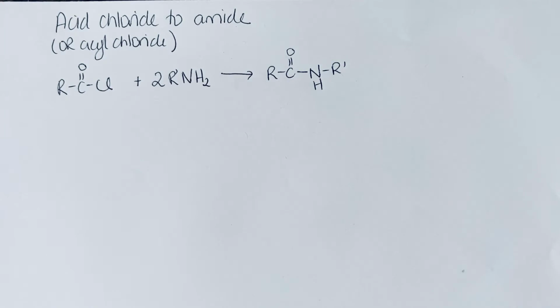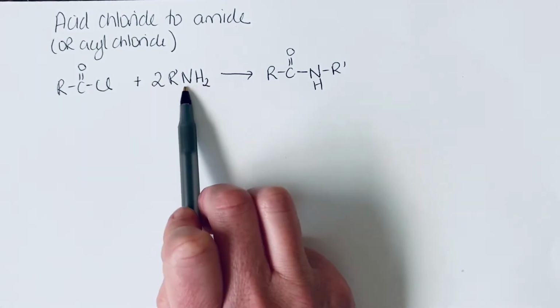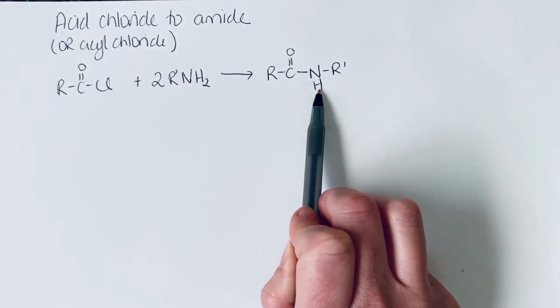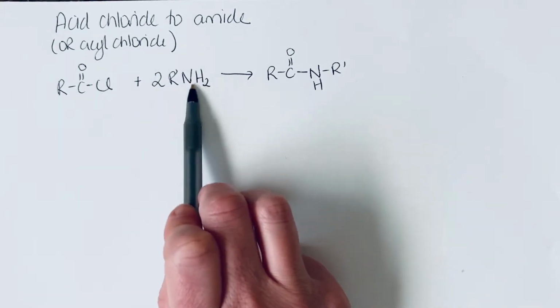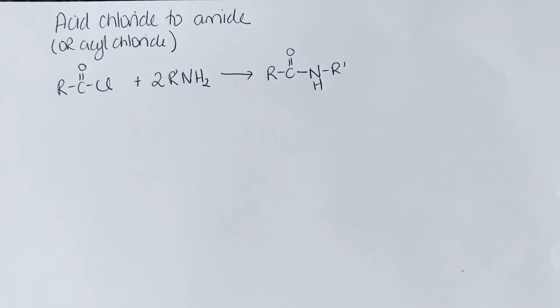First of all, I want to look at some restrictions that we have on this, and then we'll look at an example and run through the mechanism. Notice that with this primary amine, we start with an NH2 and we have NH in the product. So for this to be successful, we need to have a hydrogen on that amine that can be removed.